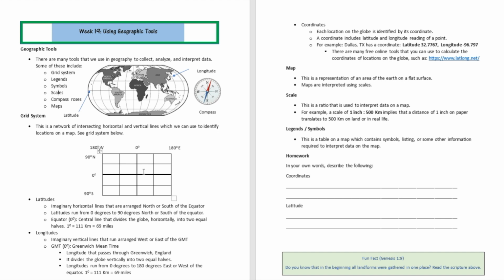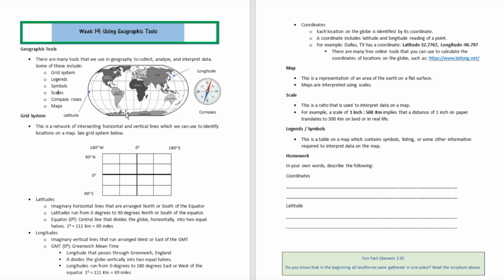An example of a map that we can use the grid system on is the globe itself, the Earth. Here on the screen is a picture of a map of the globe, the world.